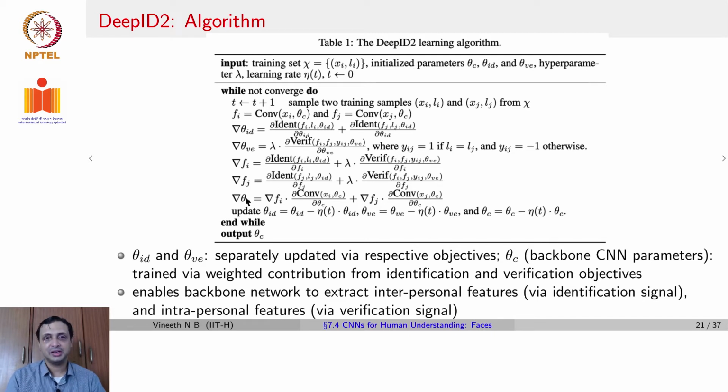The final gradient for the entire CNN's parameters is given by ∂L/∂Fi times ∂CNN of Xi by ∂theta c, plus grad Fj times ∂CNN of Xj by ∂theta c.